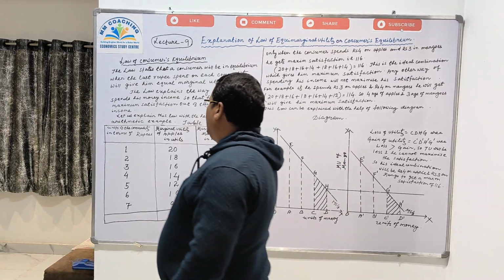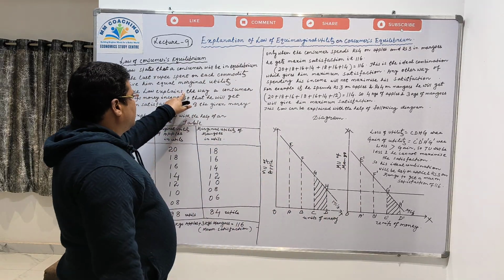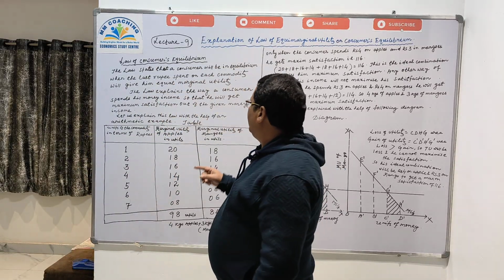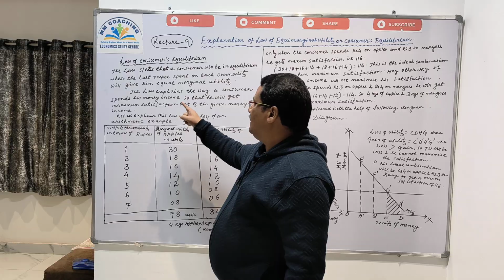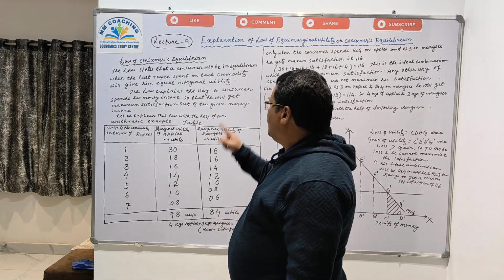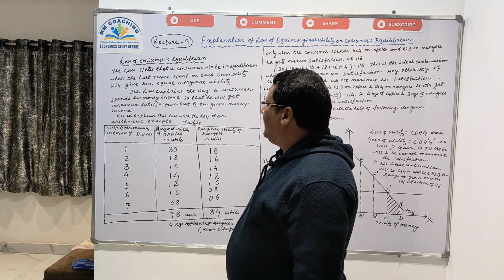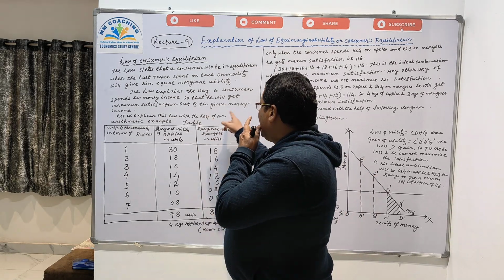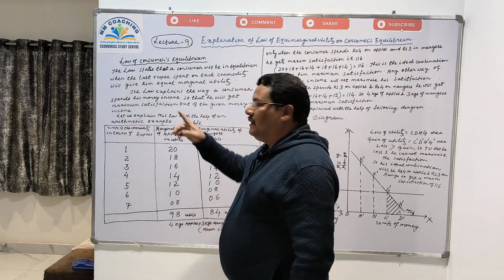So the law explains the way a consumer spends his money income so that he will get maximum satisfaction out of the given money income.